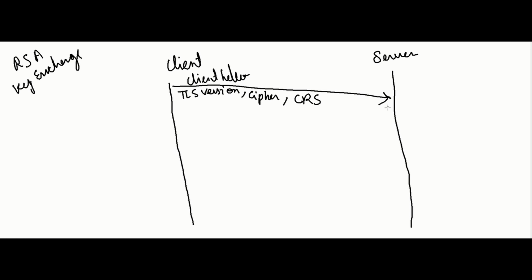The server receives it, and what the server is going to do is send back another message, which is the server hello message, and it will choose the best TLS version available here.